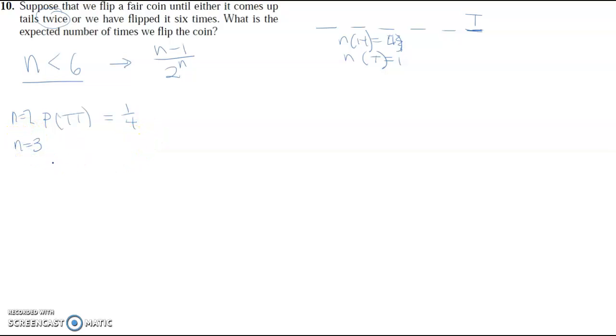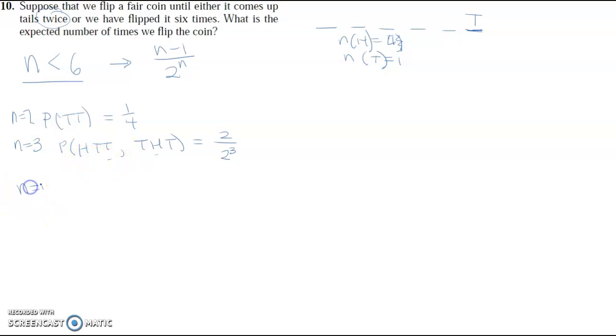What if n is 3? We're thinking about the cases where tail comes up twice. So that would be head, tail, tail, or tail, head, tail. So we only have 2 cases, and the total number is 2 to the power of 3, because we're flipping it 3 times.